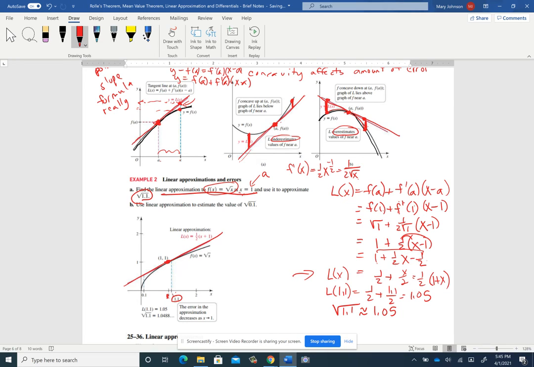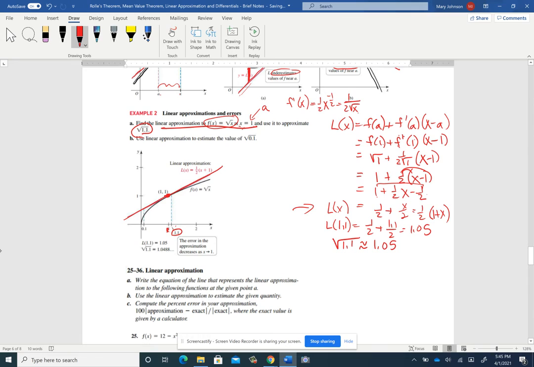Now you can do that on your calculator directly though, can't you? So if you do the square root of 1.1, you see the actual square root of 1.1 on the calculator, so this is using L of x.